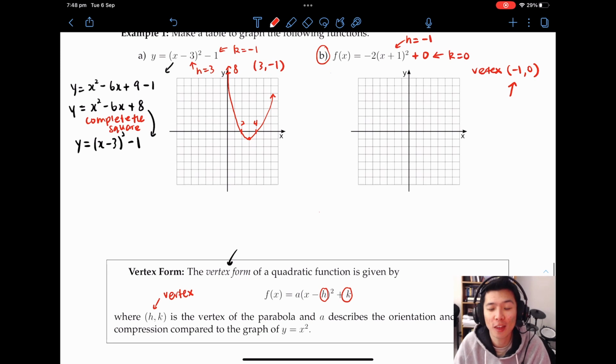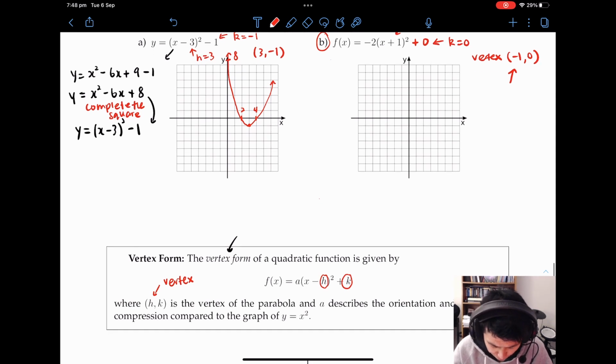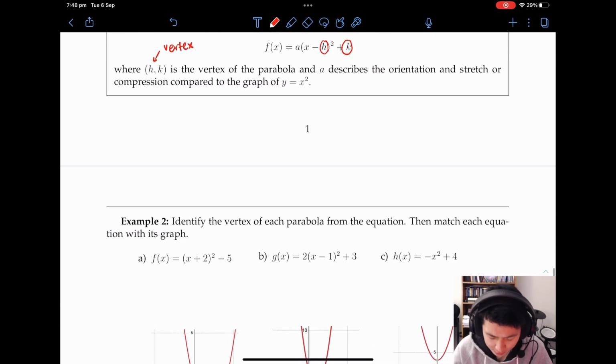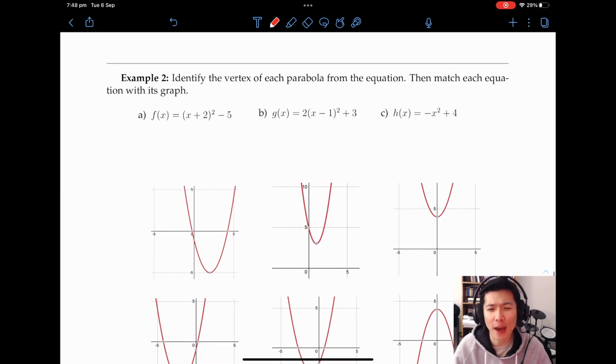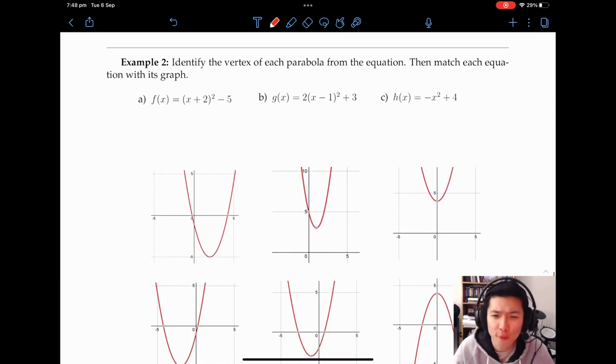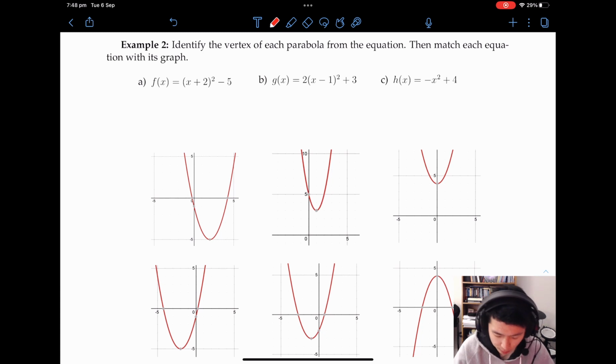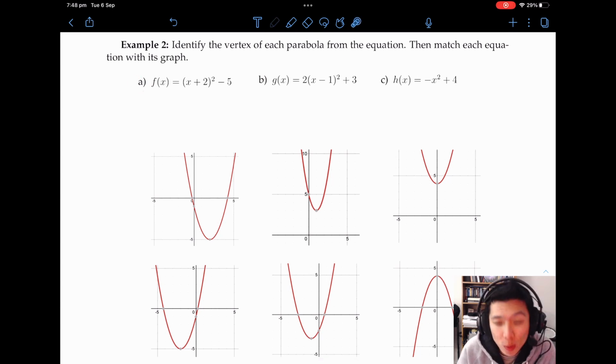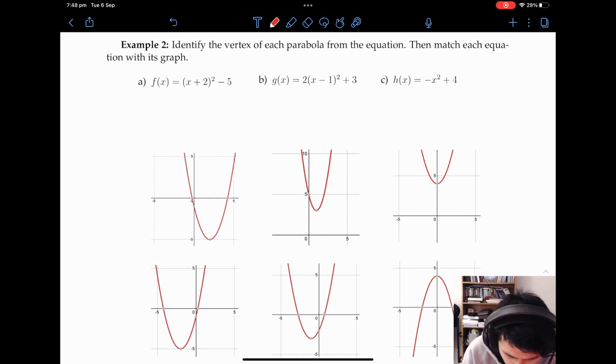And so that is just a brief introduction to the vertex form. Let's do an exercise to think about the vertex from the vertex form. Let's practice that using these examples. So let's have a look at the first one. What is h and what is k?